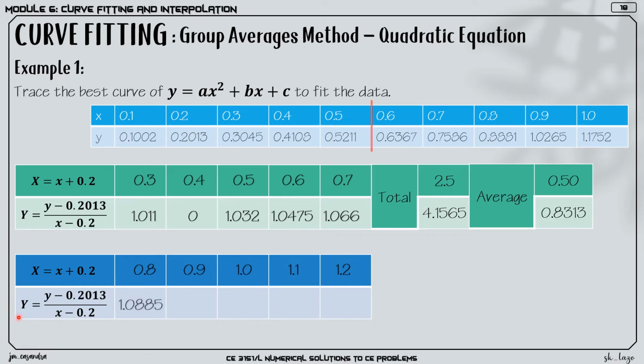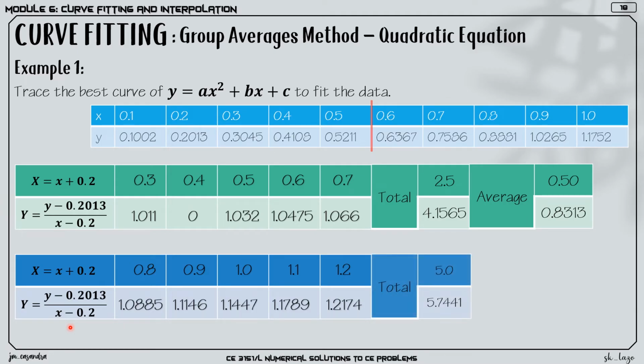The new values of y will be 1.0885, 1.1146, 1.1447, 1.1789, and 1.2174. From here, we get the total values of x and y as 5 and 5.7441, and their average for the second group as 1 and 1.1488.